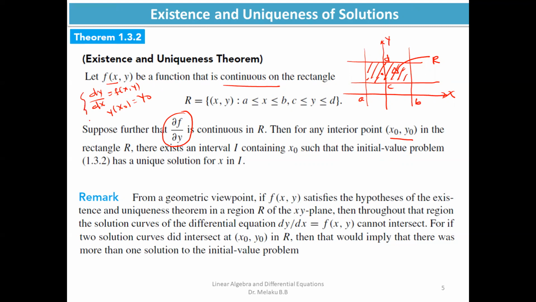This is our differential equation we are talking about.